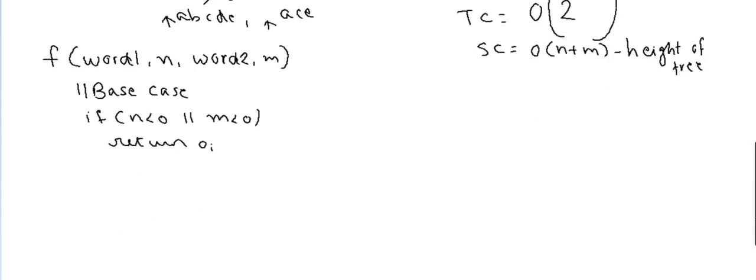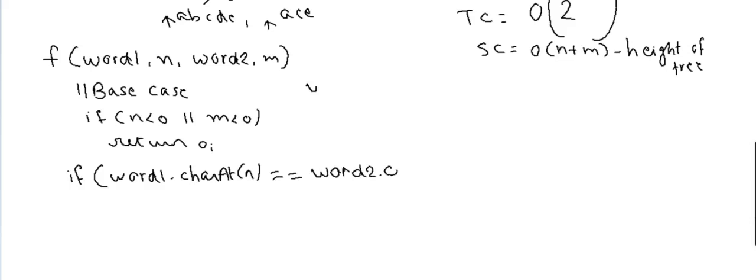So now we have 2 cases, right? So if word 1 dot character at n is equal to word 2 dot character at m, so if both the characters are matching, then what are we going to do?